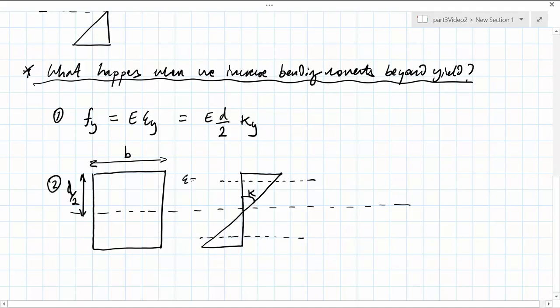Here we say that epsilon is equal to epsilon y, and beyond this epsilon is greater than epsilon y. And we say the position of this line with respect to the neutral axis is given by the quantity beta times d.